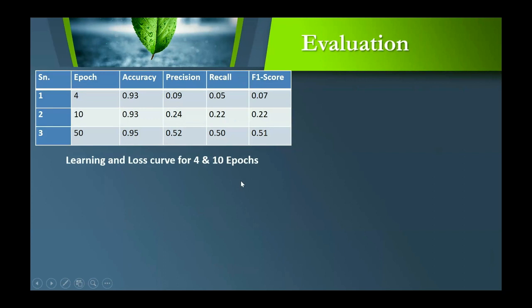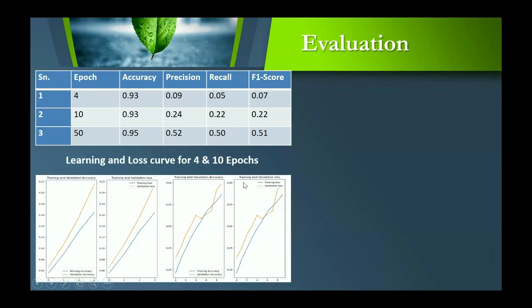So we look at the learning curve and the loss curve for 10 and 4 epochs. We can clearly see that in the 4 epochs, which happens to be this particular one here, we don't see a kind of covariance happening between both learning stages, especially the training and the validation accuracy. We just see them acting like straight lines, moving in their own way.